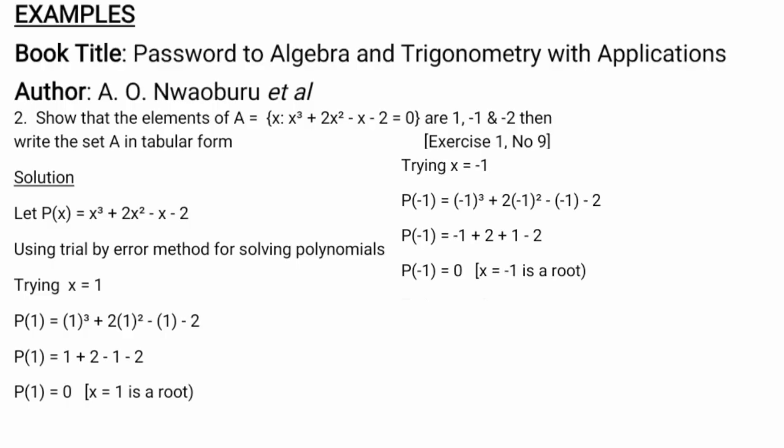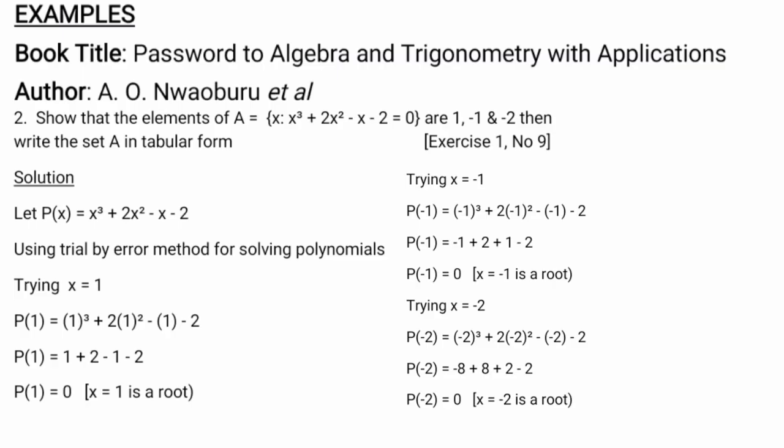When you insert x as -1, everything still comes out as 0. That means x as -1 is truly a root of the equation. And then again, we try x equal to -2 in similar fashion, and once more, that also satisfied the equation.